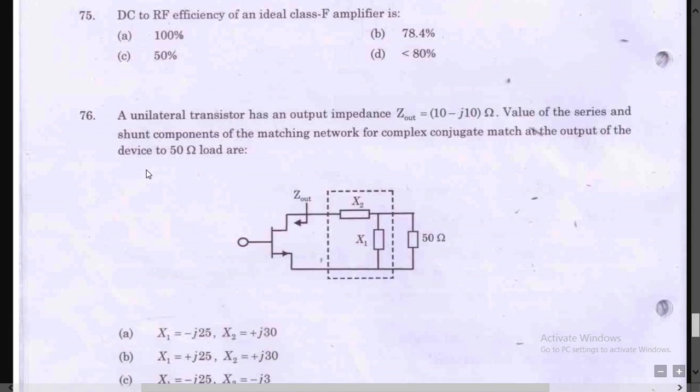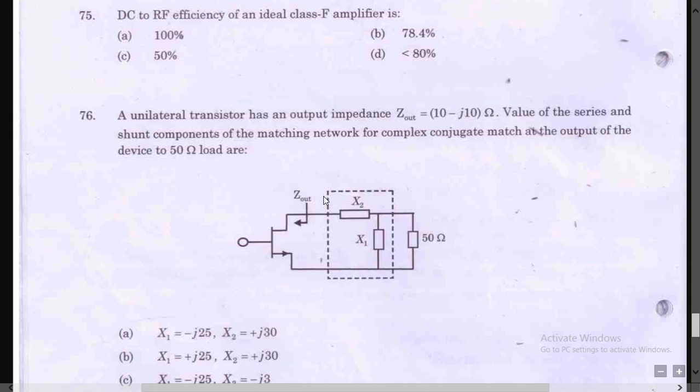Now we are moving to the unilateral transistor with output impedance. We are given that the output impedance is 10 minus 10 J, and we have to calculate the values x1 and x2 of the series and shunt component matching network, and the load resistance is equal to 50 ohm.